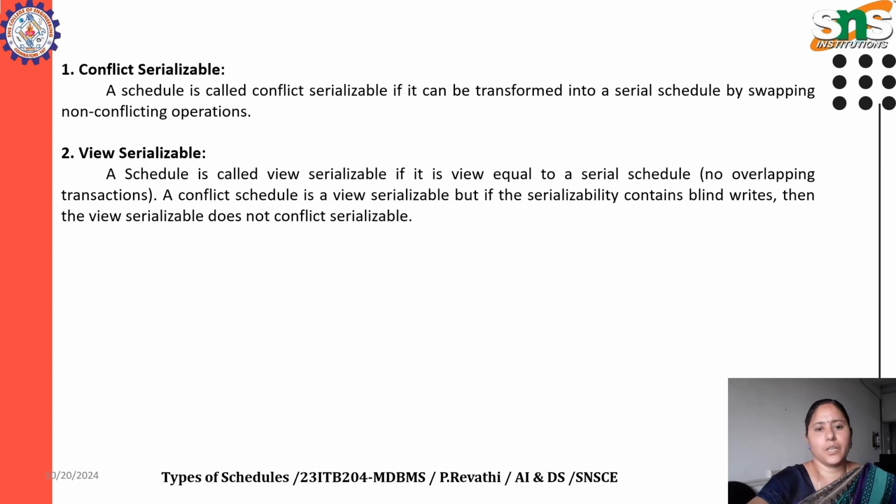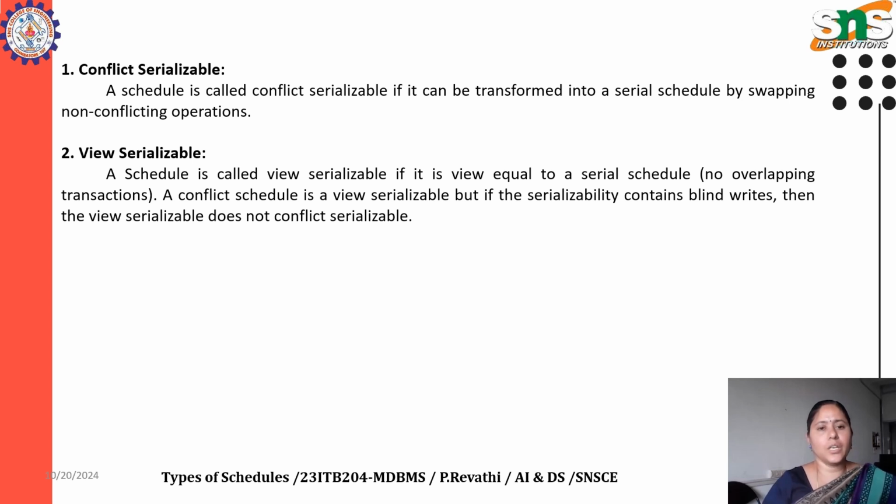conflict serializable and view serializable. A schedule is called conflict serializable if it can be transformed into a serial schedule by swapping non-conflicting operations. The second one is view serializable.